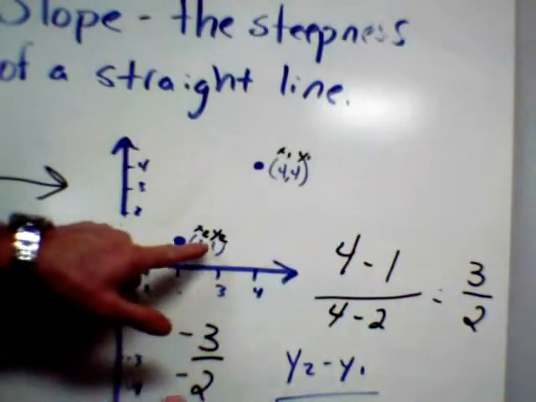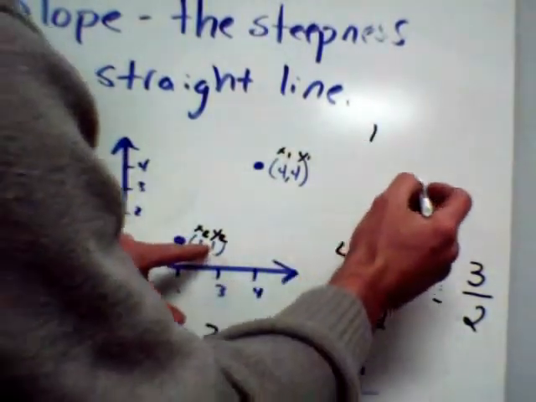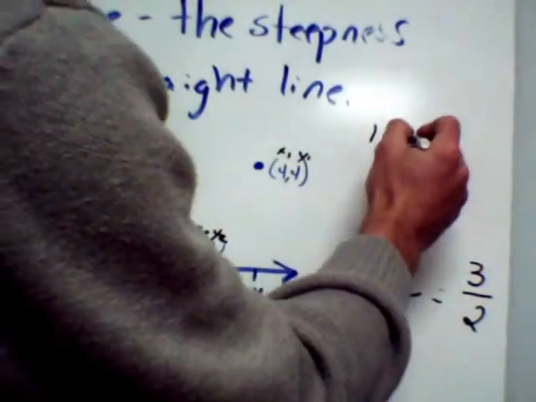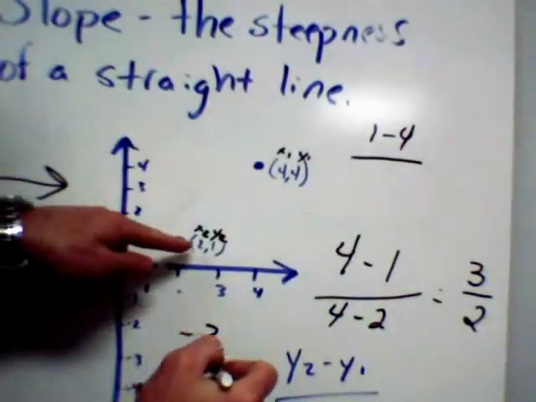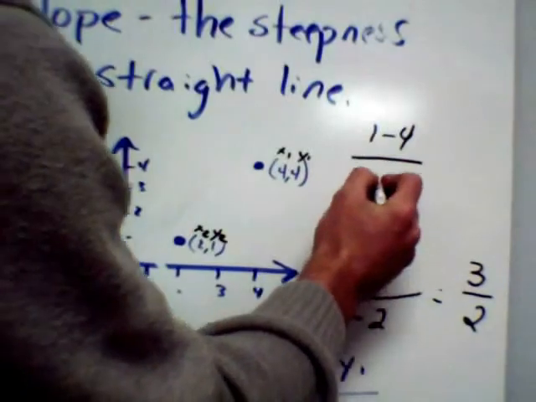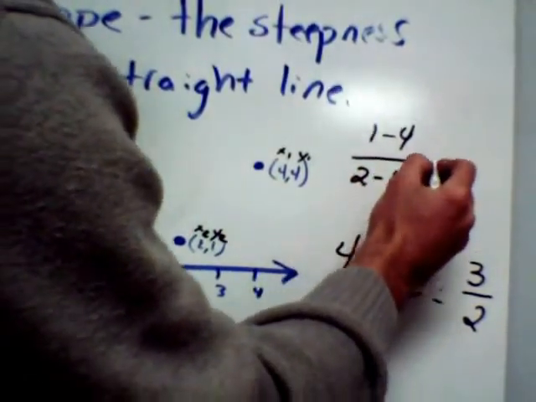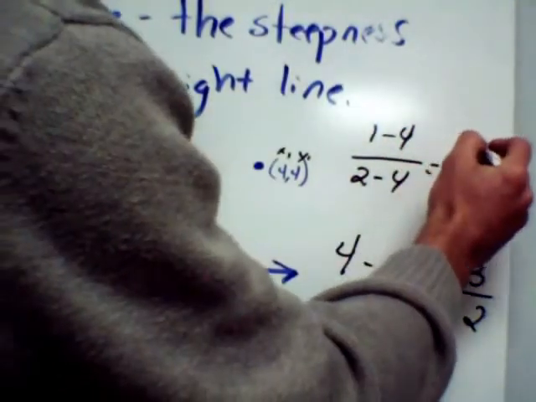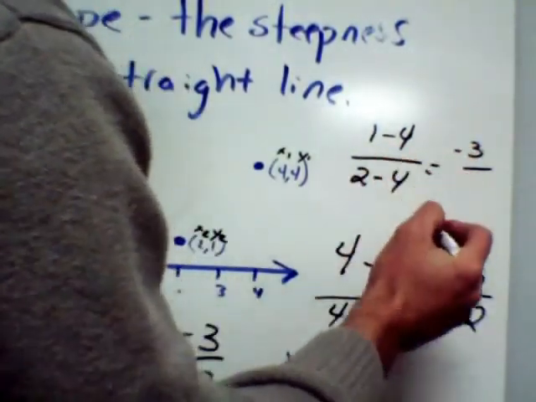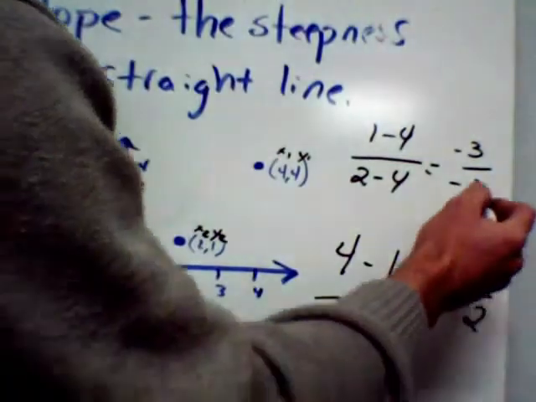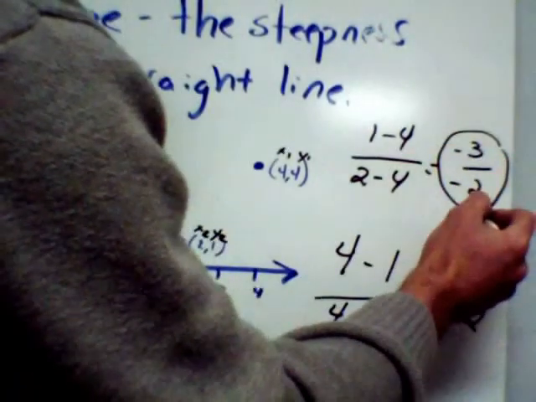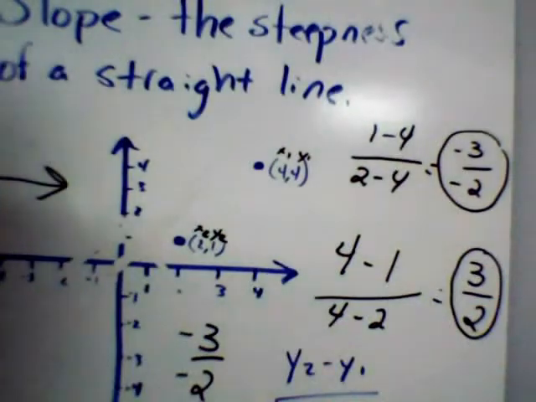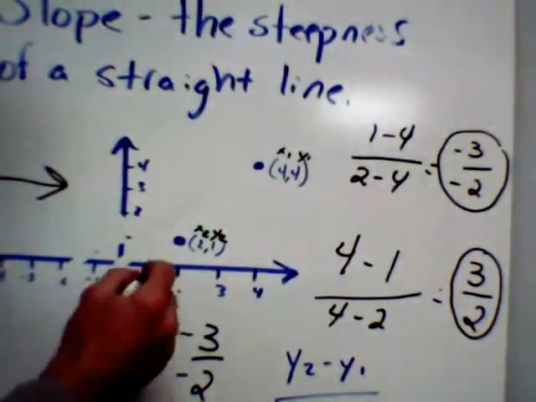So I've got y2 now, which is 1, and I'm going to subtract y1, which is 4, and I've got x2, which is 2, and I'm going to subtract 4. When I perform that calculation, I get 1 minus 4 is negative 3, 2 minus 4 is negative 2. I still get the same slope because a negative over a negative is a positive, the same as a positive over a positive is a positive. So the slope is exactly the same.